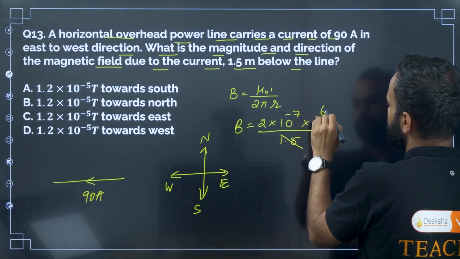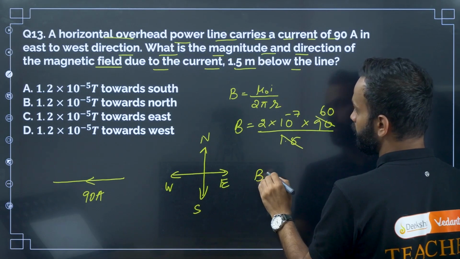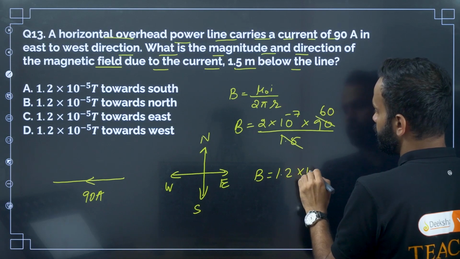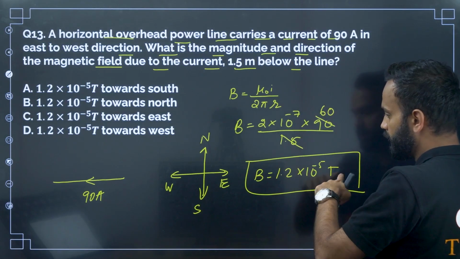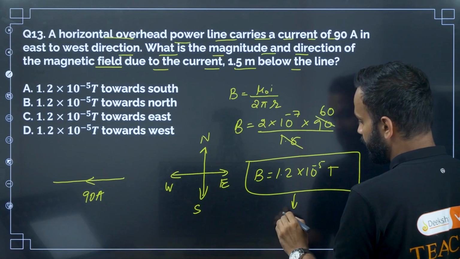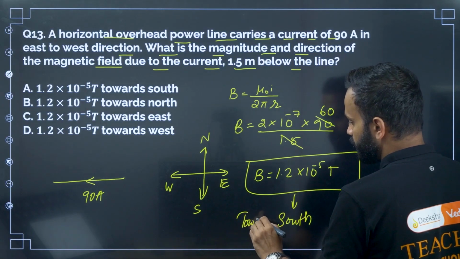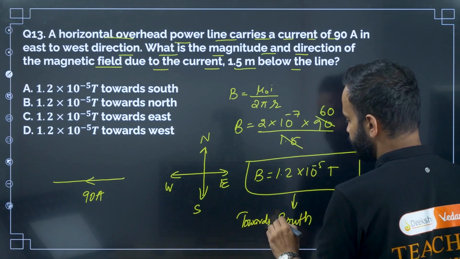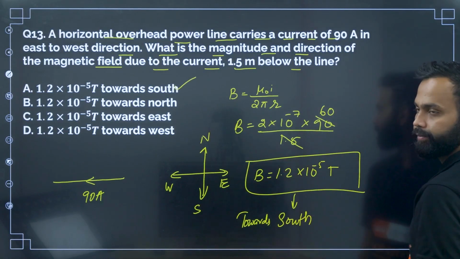So this is 60. Okay, 60 into 2 is 120. So B equal to 1.2 into 10 to the power minus 5 Tesla. So this is the value of the magnetic field and the direction is towards south. Okay. So the correct option is A.